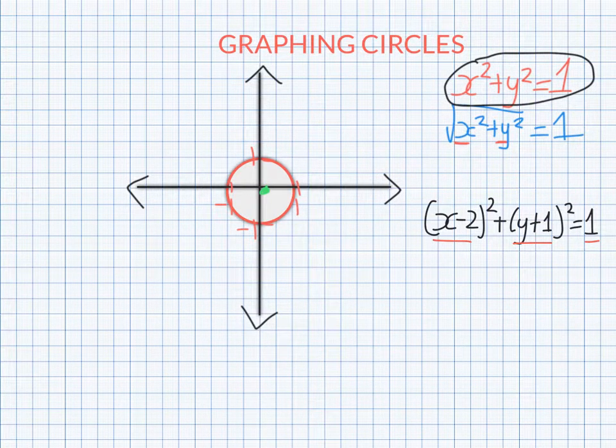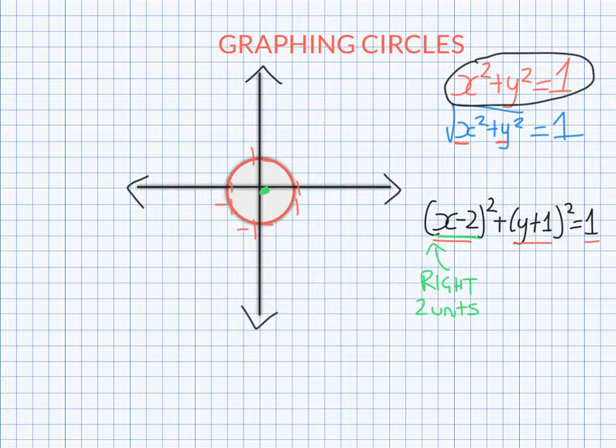So hopefully you remember when we were doing things like parabolas, if I replace x with x minus something, this just shifts it left or right. So it always goes the opposite way that you'd expect. This actually shifts our graph. Well, you'd think negative would go to the left, but it actually goes to the right by 2 units.